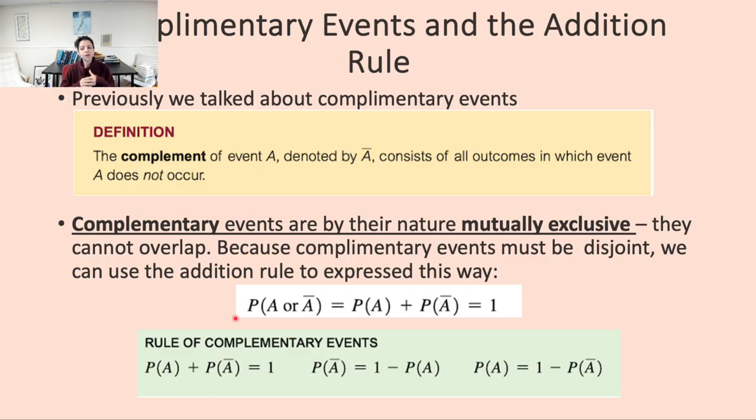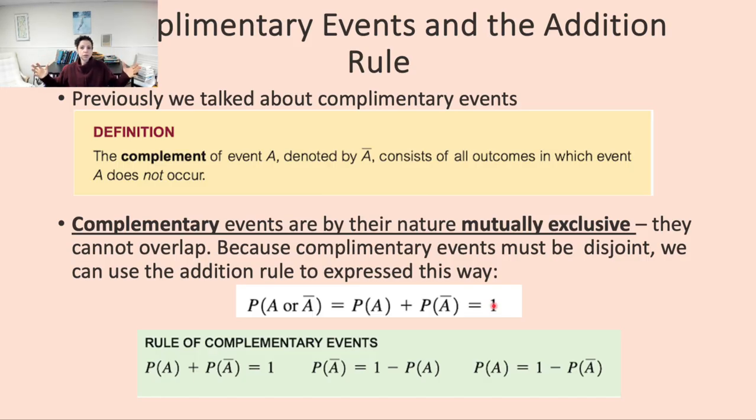Because complementary events must be disjoint, we can use the addition rule as expressed this way, where the probability of the event happening or not happening is equal to the probability of the event happening plus the probability of the event not happening. And since those are the only two possibilities, that probability is going to equal 1.